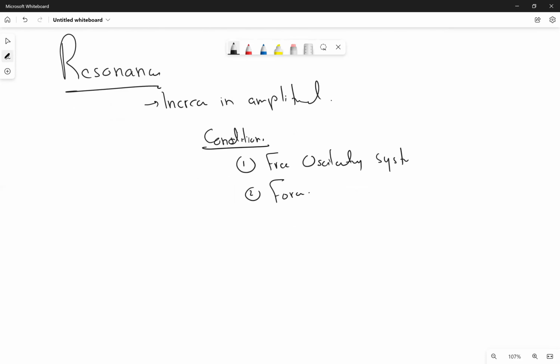So the exact definition is the driving frequency. So the additional frequency is known as a driving frequency. All right. So isme, let's write down the exact definition.